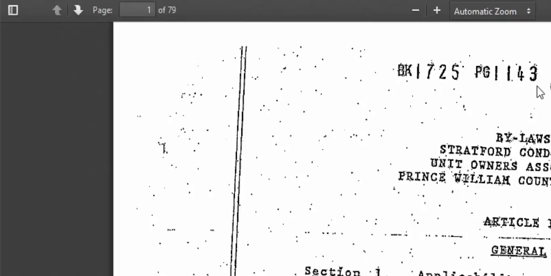This is what is actually registered through the Prince William County Courthouse. These are official state sanctioned documents. And that's why, as a unit owner, you are absolutely 100% under contract to abide by them. That's what they're there for.